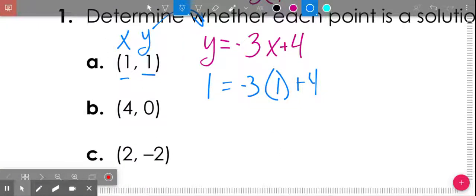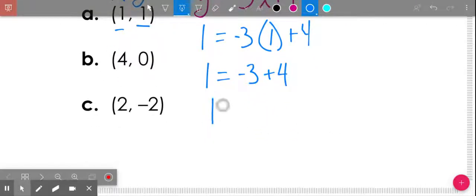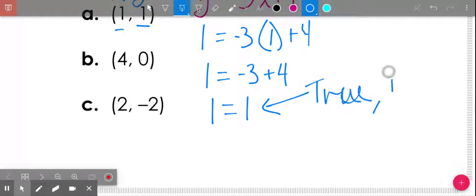Then we simplify. I have 1 is equal to negative 3 times 1 gives me negative 3, plus 4 gives me 1. Since that is a true statement, it is a solution.